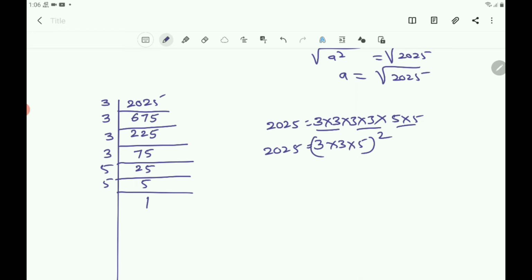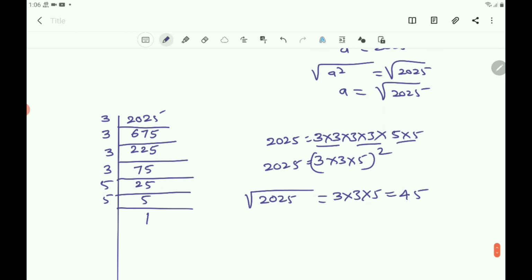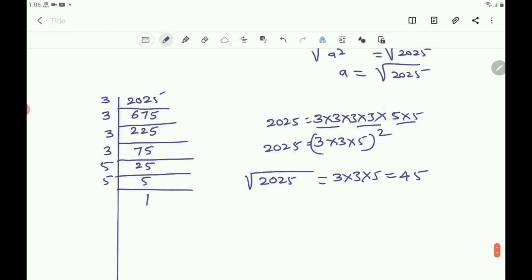So 2025 equals (3 into 3 into 5) whole square. Then the square root of 2025 equals 3 into 3 into 5, which is 3 3s are 9, 9 5s are 45. So I got a equals square root of 2025 equals 45.